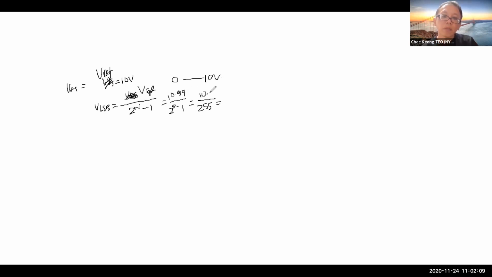So this is what we calculated just now. So 10.039 divided by 255 will give you about 39.2 millivolt.